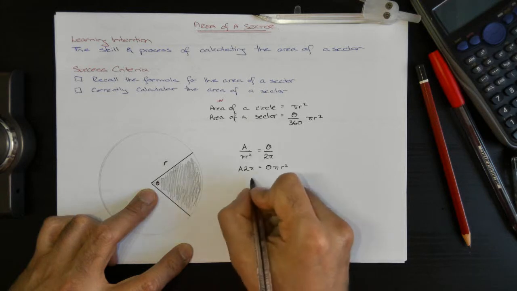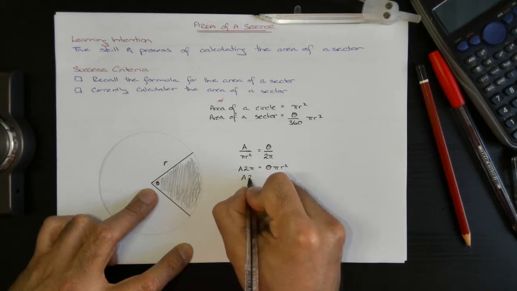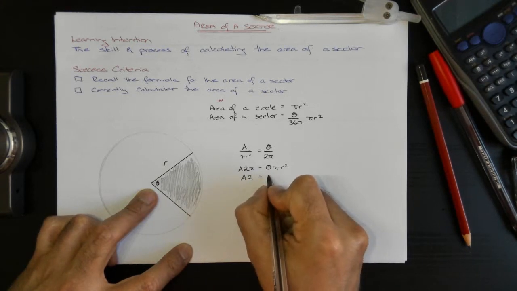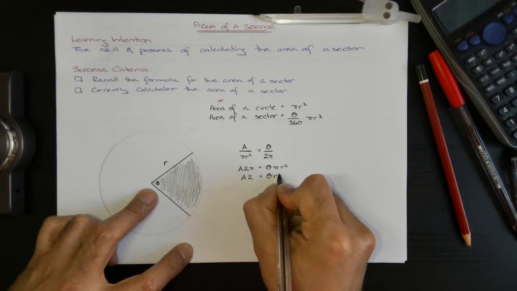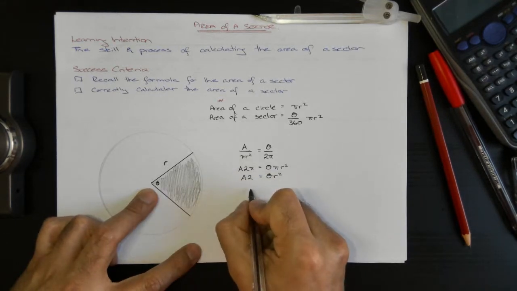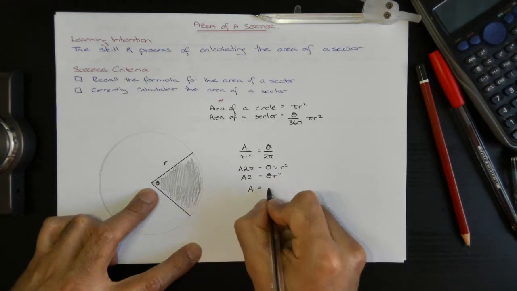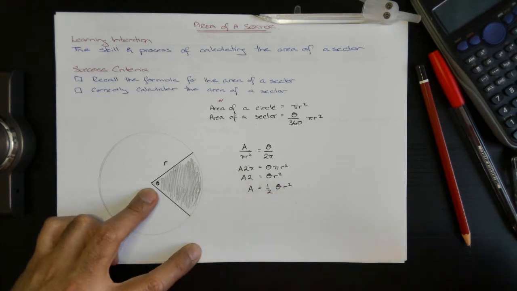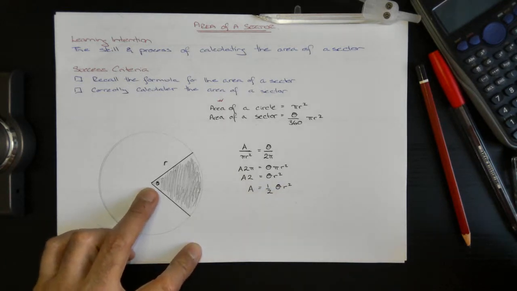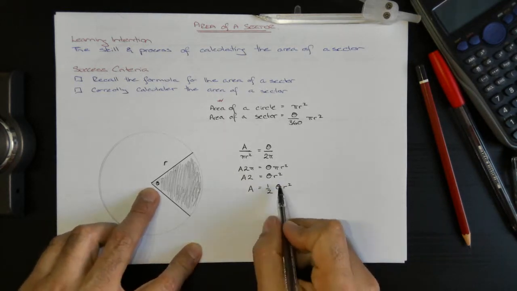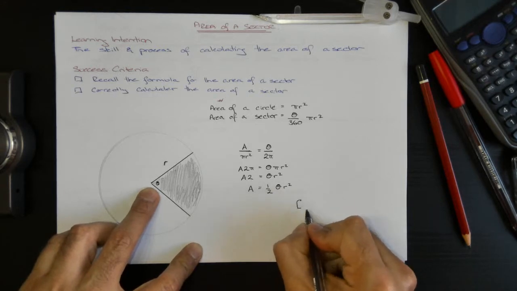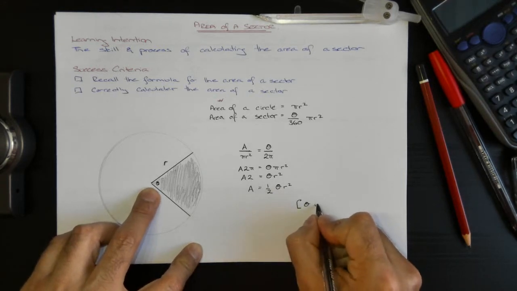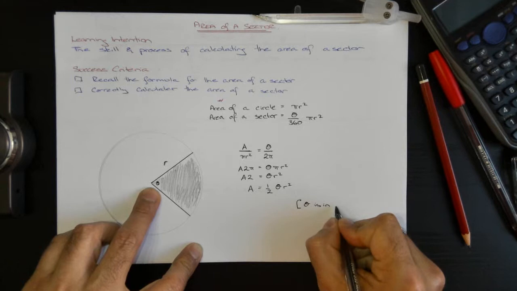Dividing by pi, 2 lots of the area is theta r squared, and now dividing by 2, the area is a half of theta r squared, where theta, in this sense, is in radians.